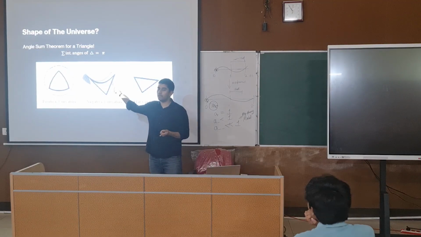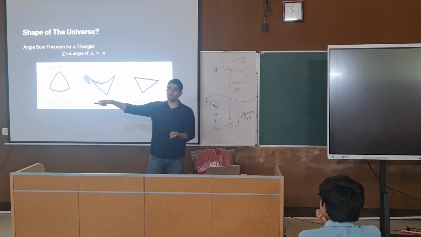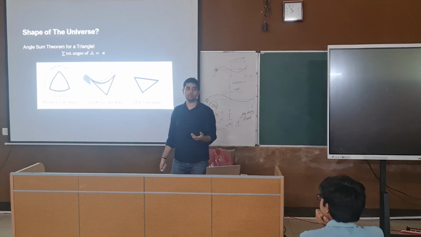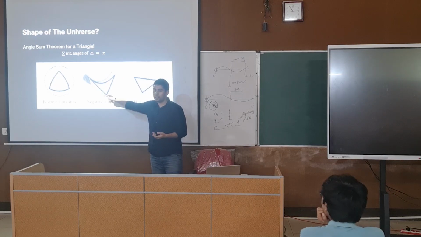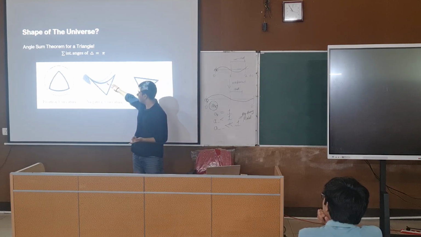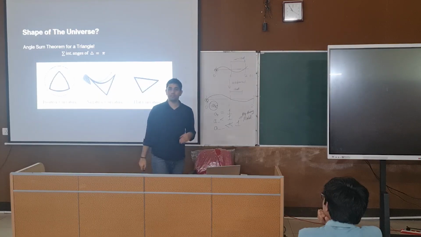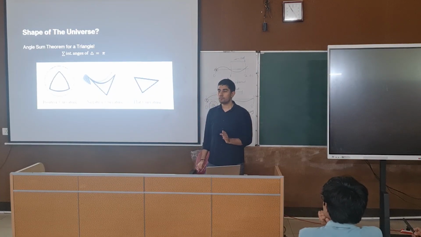So this is like a saddle. One side it is curving convex, other side it is curving concave. This is a negative curvature, okay? Here you can have the sum of the angles less than 180. If you try to sum them up, they will come out to be less than 180 degrees, okay?